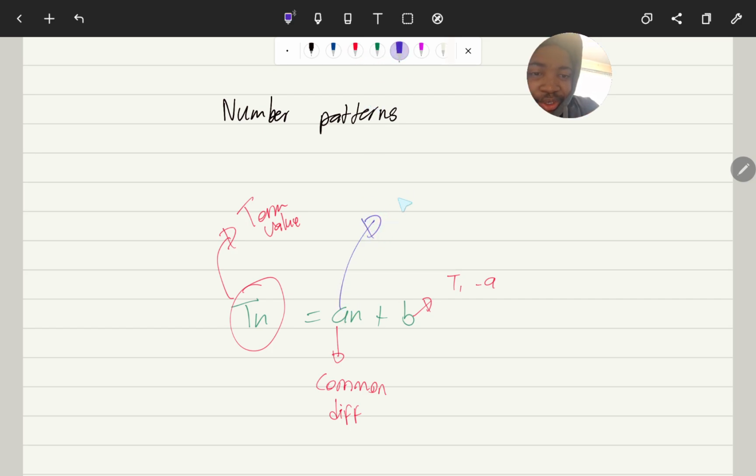So maybe I can even put it here: common difference is tn minus tn minus 1.